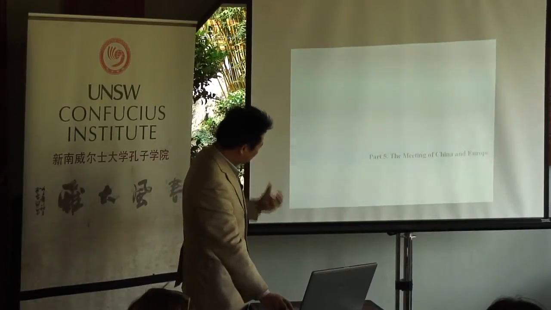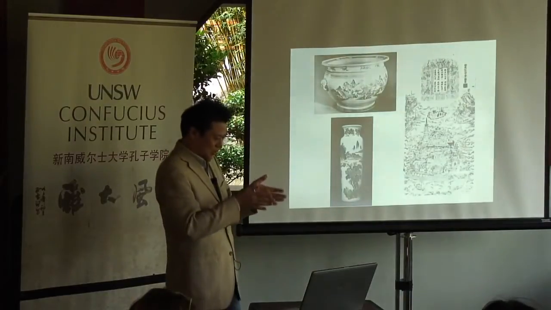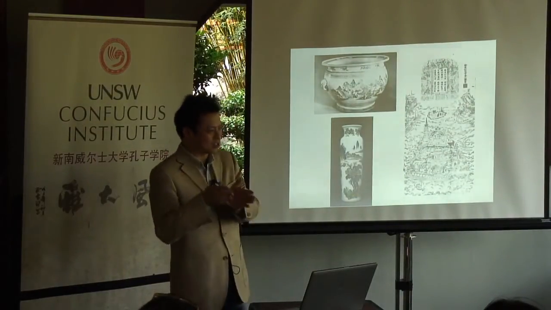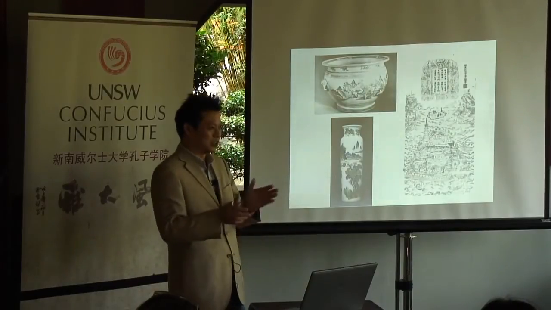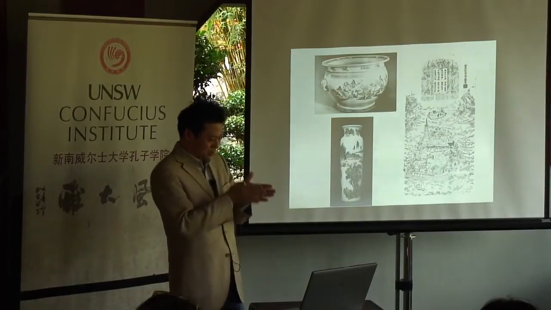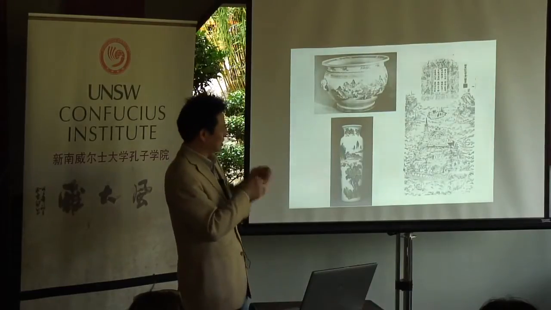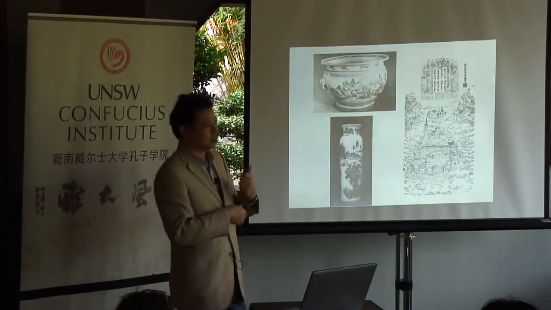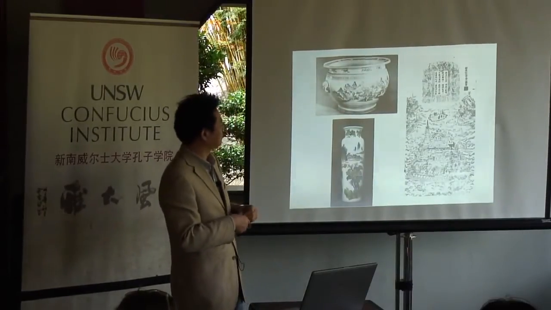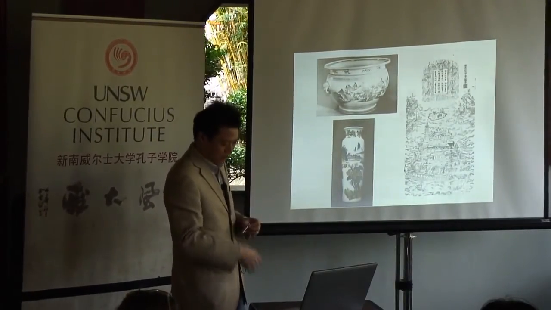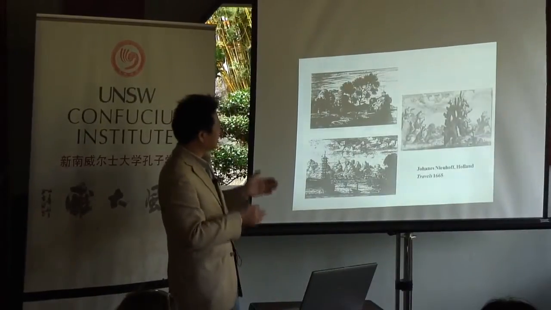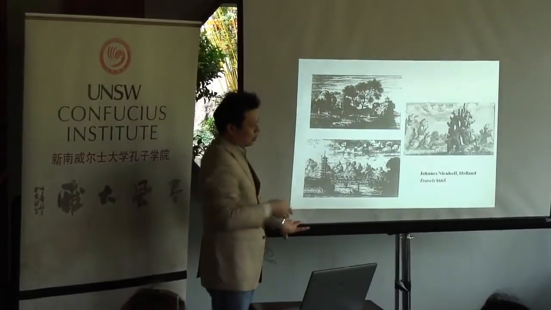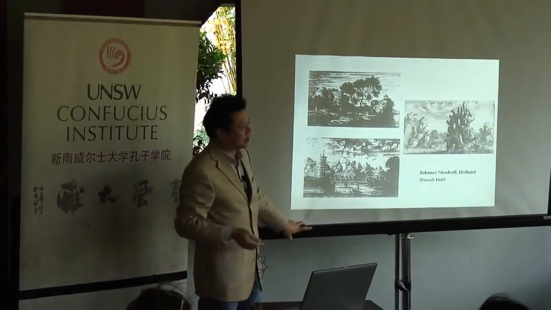And the last part, Chinese ancient architecture meets Western civilization. Western civilization has affected Chinese architecture in the last 300 years, and actually the Chinese classical garden has affected Western gardens.